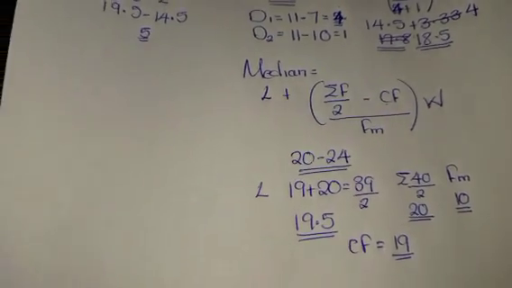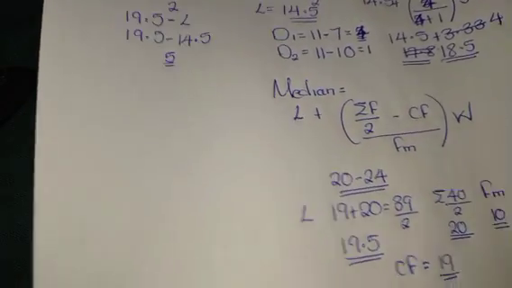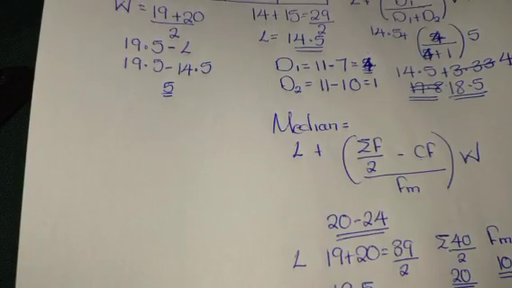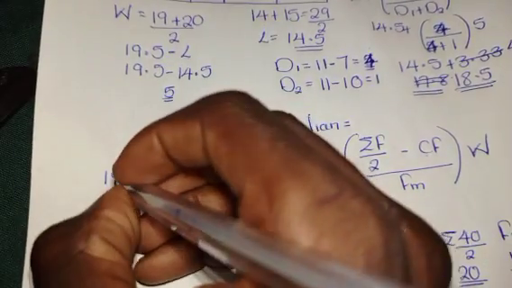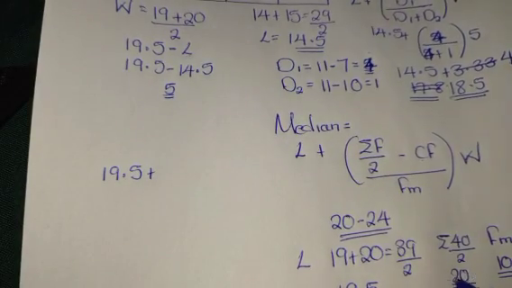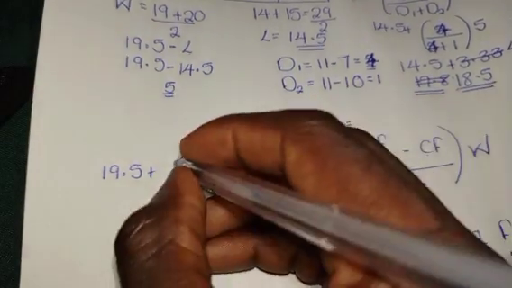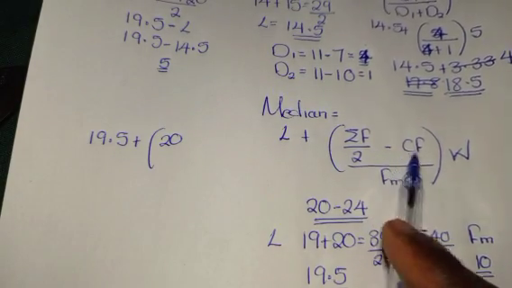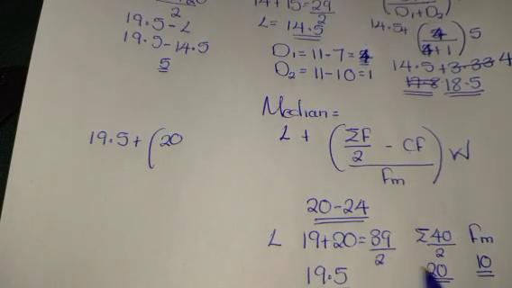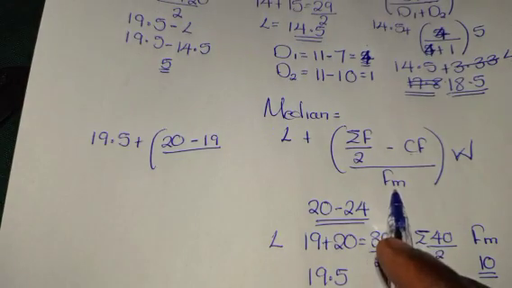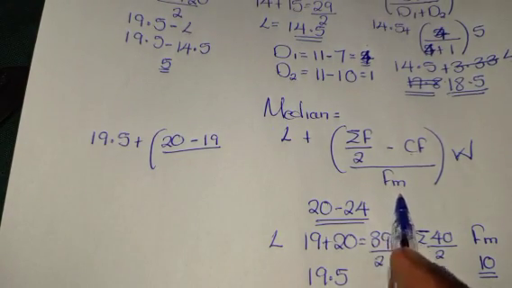Then having done what we have done, we now replace with the information that we have. So you're having the lower boundary in this case to be 19.5 plus this, we already have it to be 20, and we have the cumulative frequency before the median class to be 19, so minus 19 divided by FM, which is the frequency of the median class.